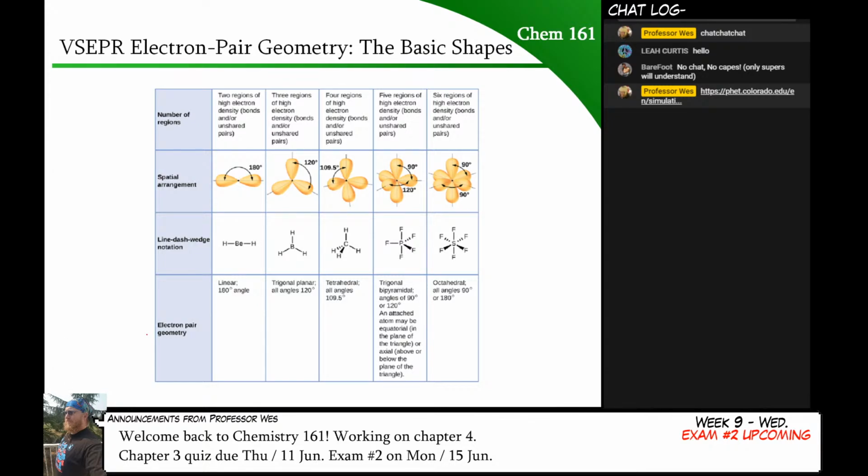For instance, with this 3-lobed shape for trigonal planar, if I had, let's say, here's my atom X in the middle, and then I had A on the sides here, I would make a triangular shaped thing.